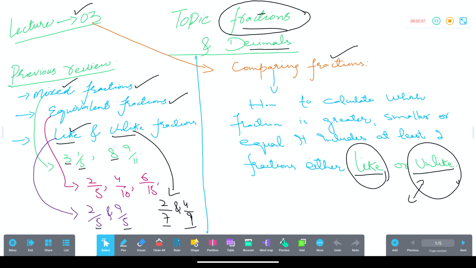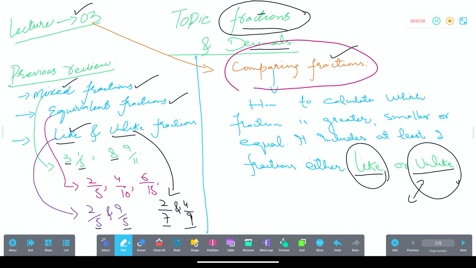Then the topic in lecture number 3 was comparing fractions. In comparing fractions we came to know how to find the greater one, the smaller one, or which two fractions are equal.